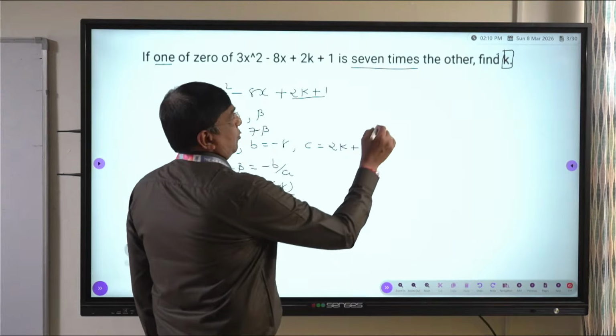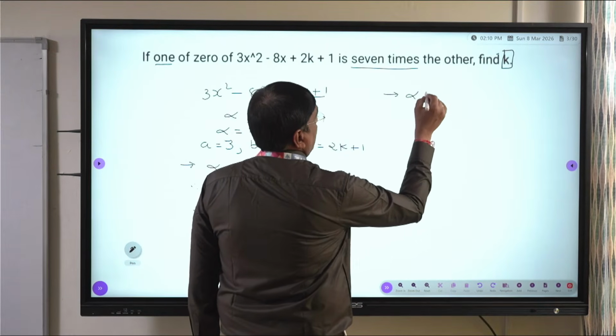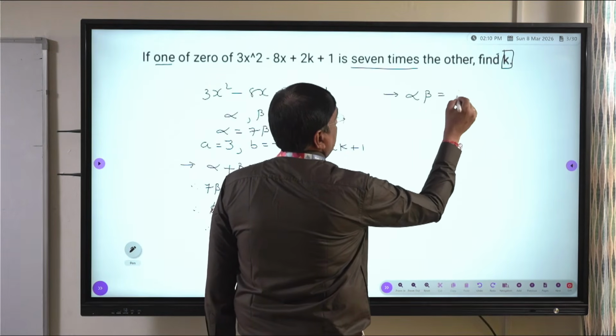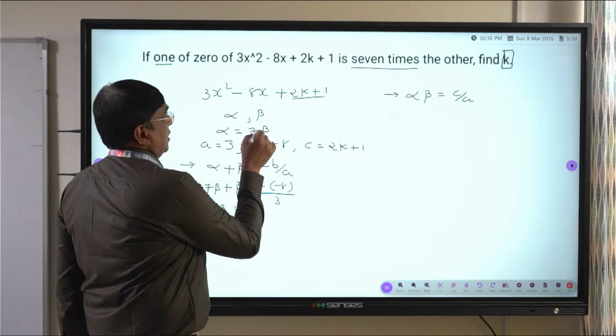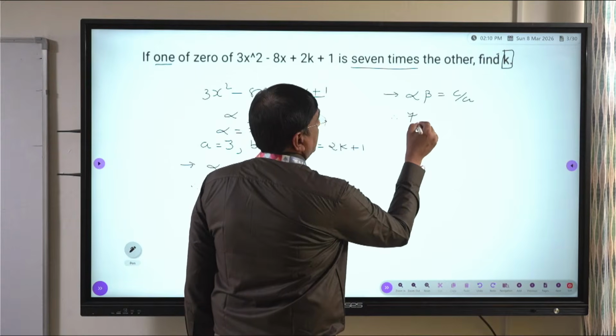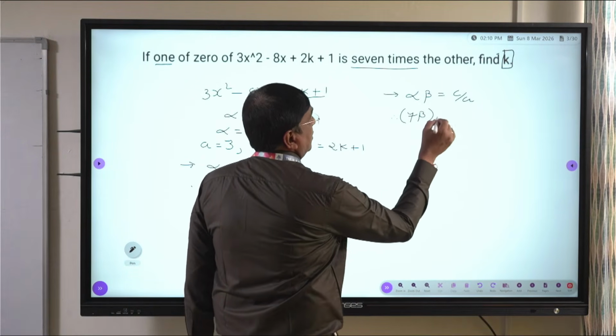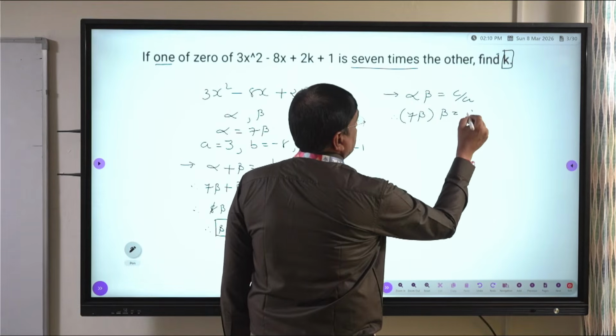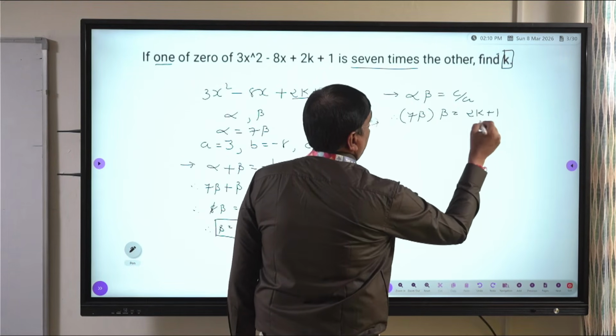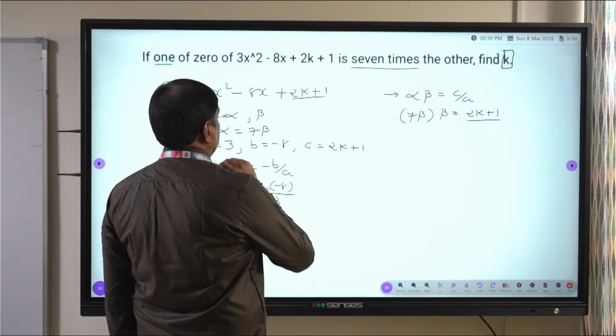Now the product of the zeros, alpha beta, equals c upon a. Alpha is again 7 beta. So it is 7 beta into beta, c is 2k plus 1, upon a, that is 3.